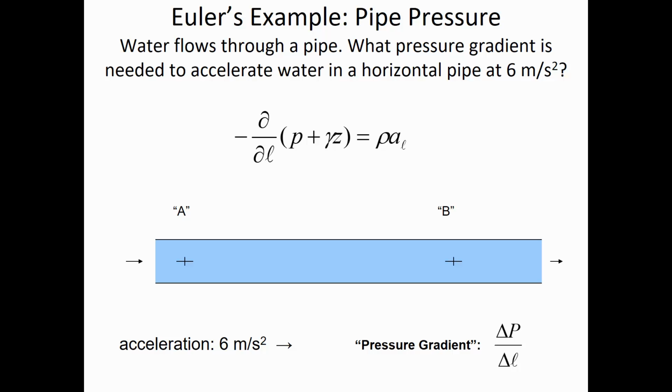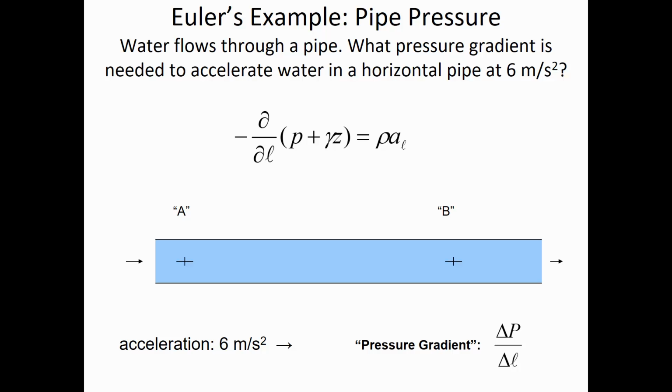So in other words, these units are newtons per meter cubed. And a Pascal is a Newton per meter squared. So it is minus 6,000 Pascal per meter is what we have.